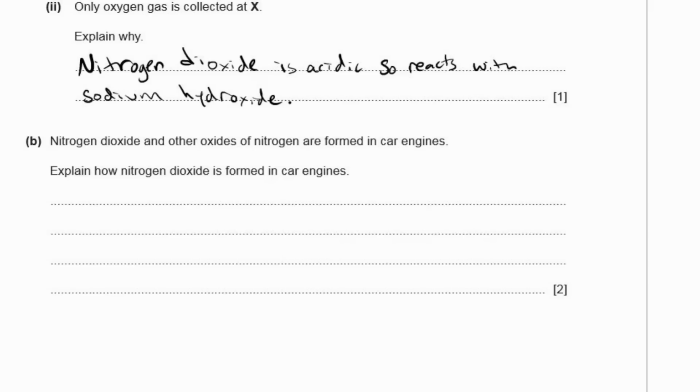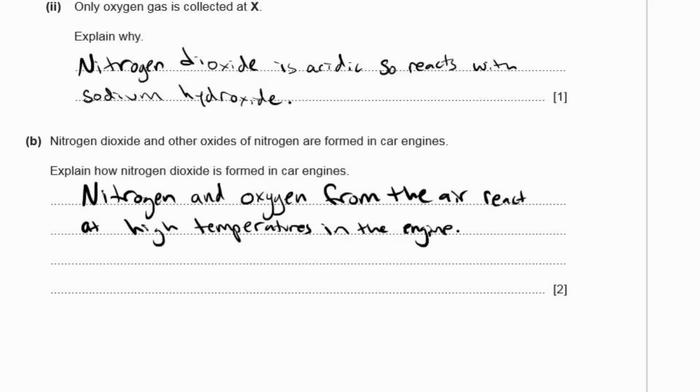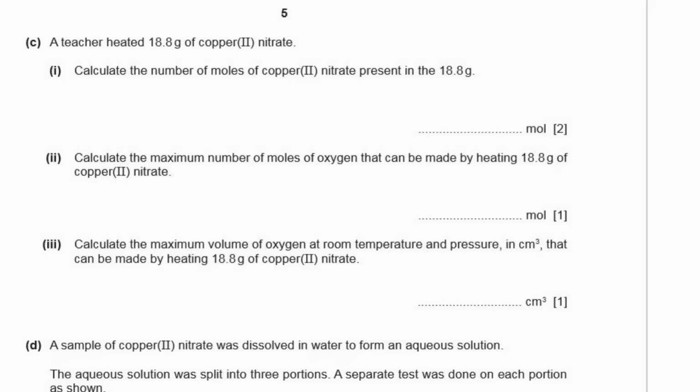And the engine is very, very hot, and this hot condition causes the nitrogen and oxygen to react and creates nitrogen dioxide. Okay, so nitrogen and oxygen from the air react at high temperatures in the engine, because nitrogen doesn't react on its own. It needs something like a high temperature. Nitrogen is very unreactive.